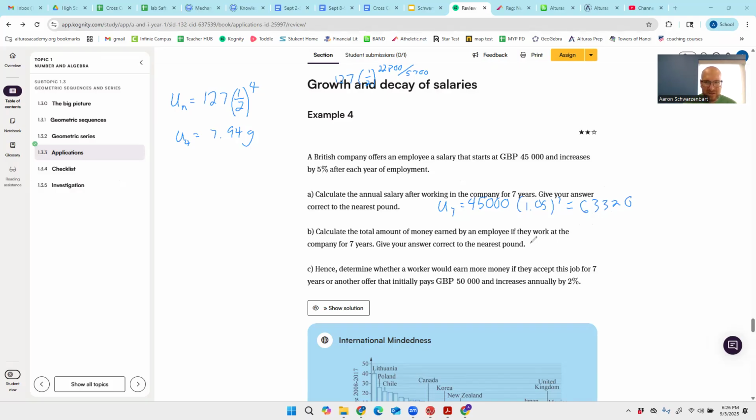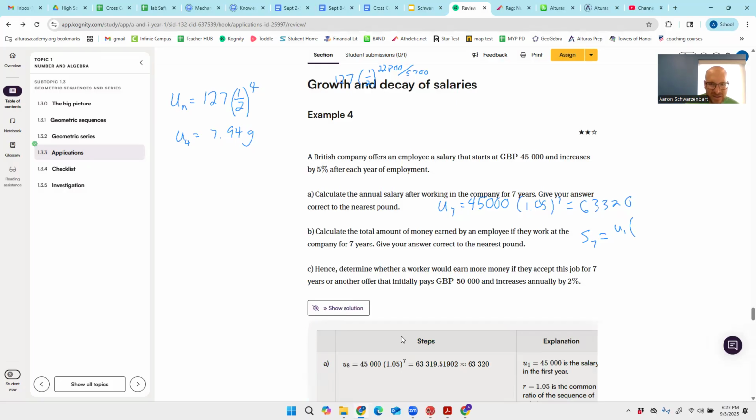Calculate the amount earned for the company in the 7 years. Now I'm going to use the sum formula, which if you remember was U sub 1 times, oh wait, no. This should actually probably be to the sixth because you're going to get 45,000 your first year, I think.